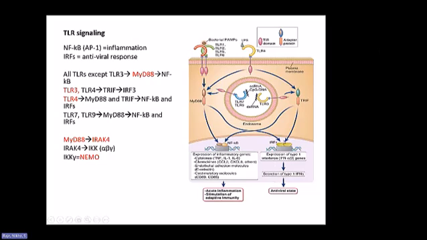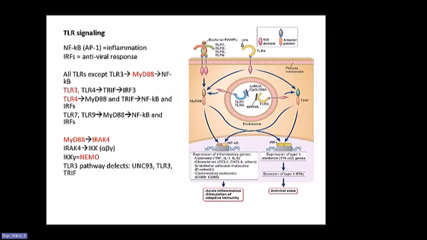On the other hand, the IRFs will go to the nucleus and help in transcription of interferon genes. End result is secretion of type 1 interferons, which help in antiviral response. So TLR3 pathway defects, we have talked about this.